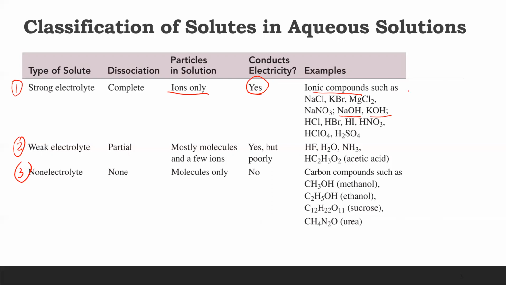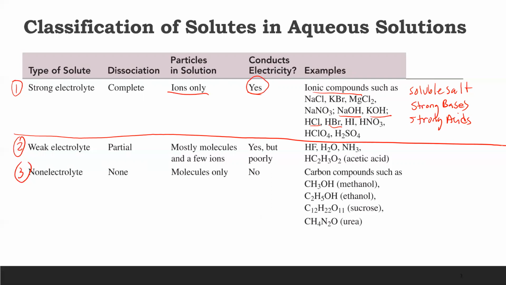So for a strong electrolyte, you need soluble salts, strong bases, and we'll also see hydrobromic, hydrochloric. We also need some strong acids. Why? Strong bases and strong acids are like soluble salts, and they completely dissociate.